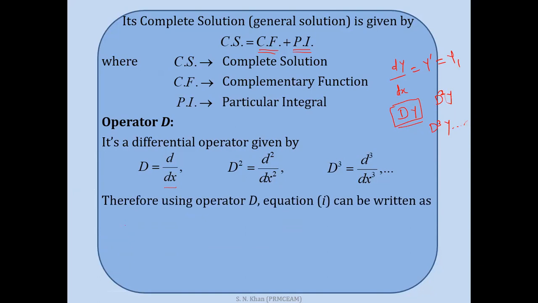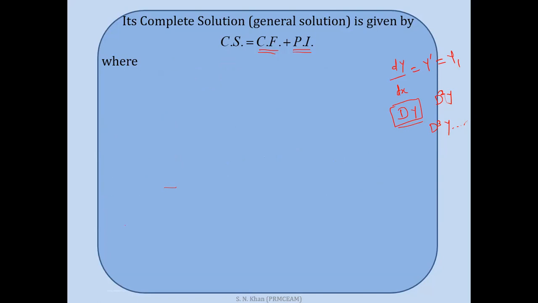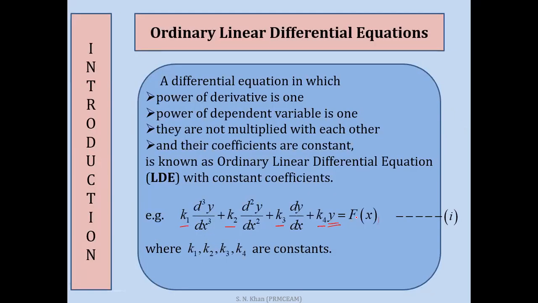Now, equation 1, which you have seen in the previous slide, is the example for an ordinary linear differential equation with constant coefficients. So, using operator D, it can be written as... before writing that equation, I will show you that equation again. Yes, this is equation number 1.